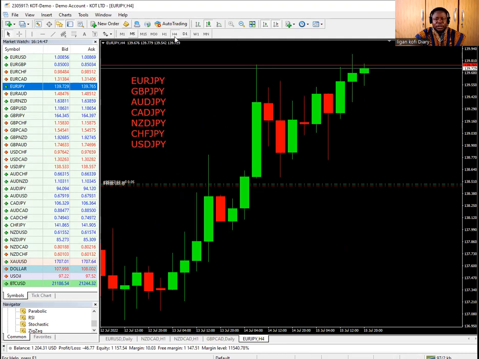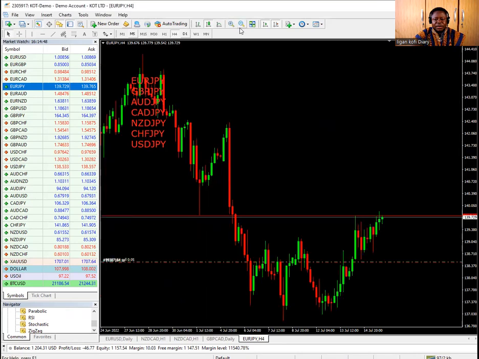If I go to 4 hour, you see it already on the bullish trend now. That is what we should be watching out for, a continuation of the bullish trend by Euro JPY. If we are going to expect a pullback, we will expect a pullback down to this level or somewhere here, and then we can take a buy up.